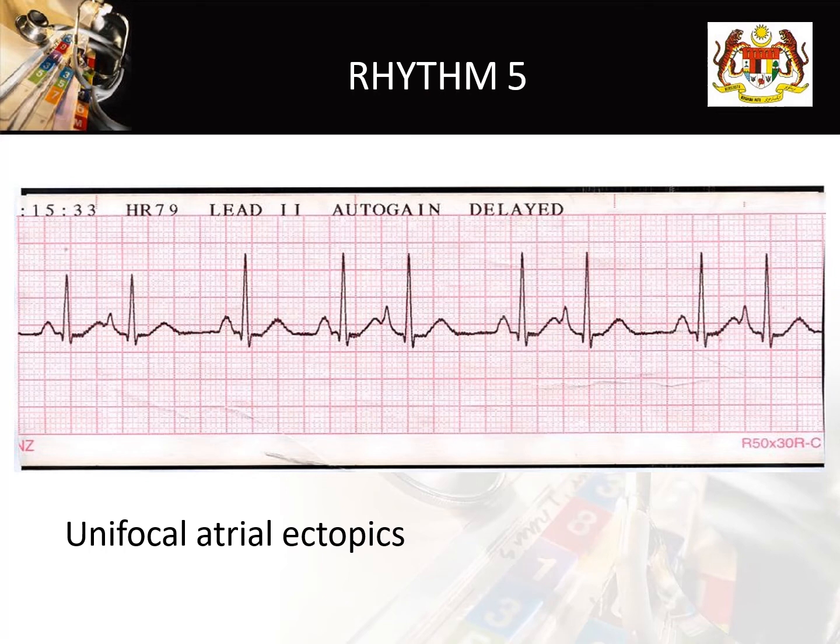Okay, this is unifocal atrial ectopic. From the ECG you can see there is an abnormal P wave in between the normal PQRS complexes. Okay, this is another P wave, another ectopic P wave. The unifocal atrial ectopic originates from the atrium.